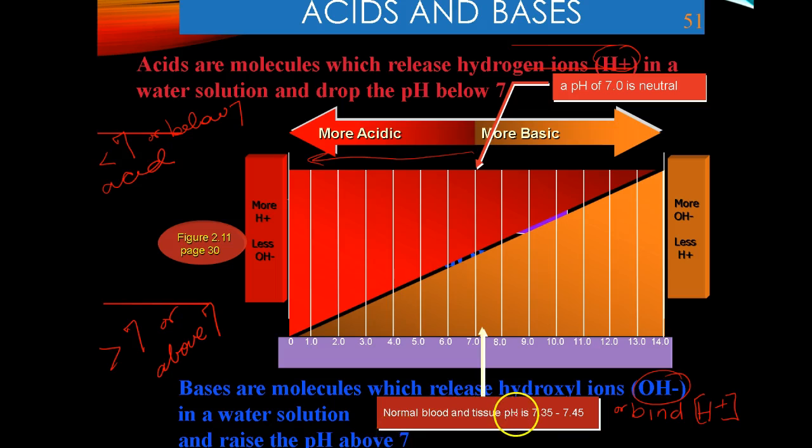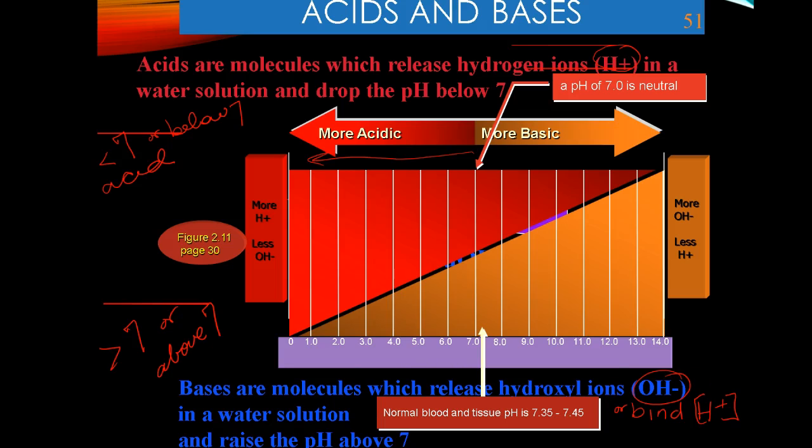Some people get confused, because 7 and anything above 7 is basic, but now I said 7.25, they would say that's basic. No, for the range of blood and tissue, we're always going to work around whatever normal range they give you, so we know that that's acidic according to the normal range.